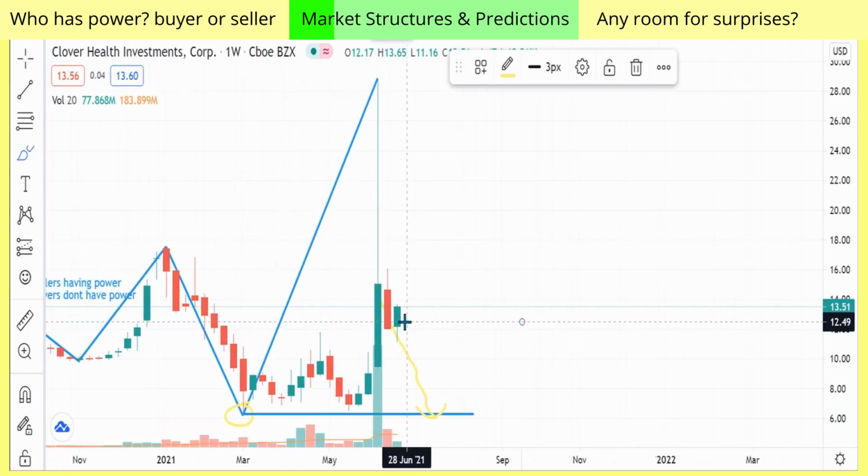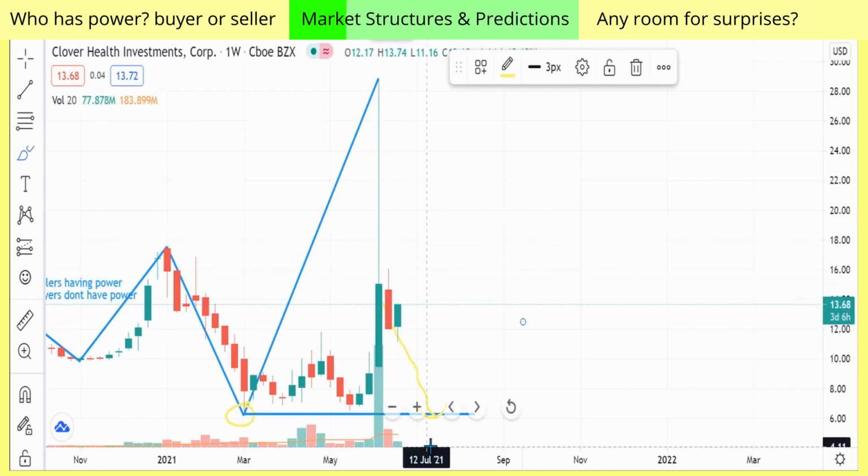Can it fail to reach the target? It's possible. So now we're going to understand the market structures. The market structures will help us identify potential turning points, because a reversal may happen anytime along the way. But overall sentiment-wise, we are saying that it is on a down sentiment.